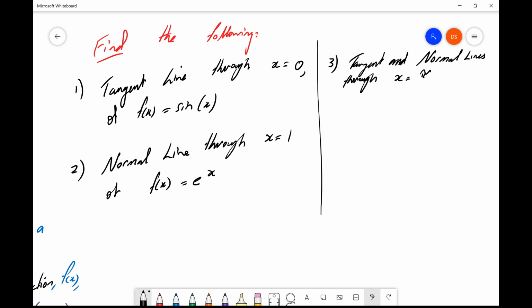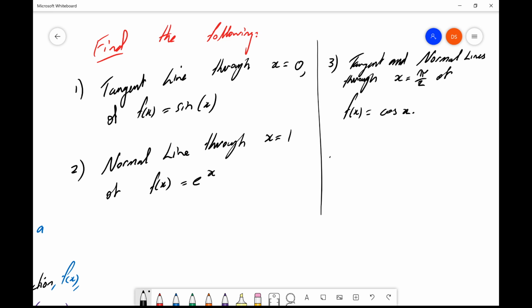No, I won't make that hard. I'll make it x equals pi on 2. Am I feeling mean? Yes. Pi on 2 of f of x equals cosine of x.